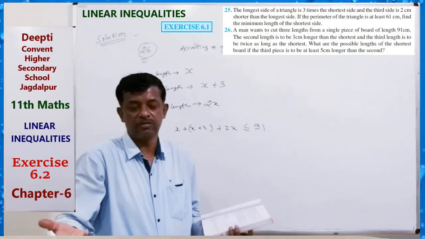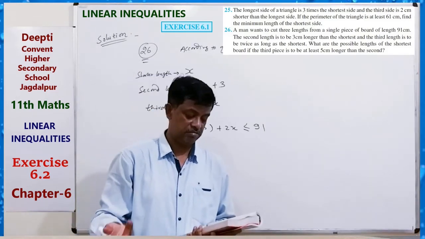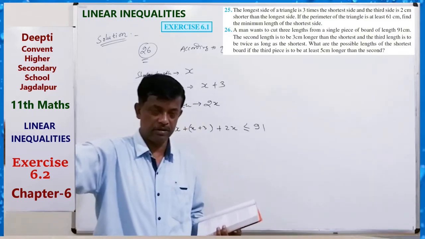Cutting may be equal to 91 or less than 91, because the total is 91.